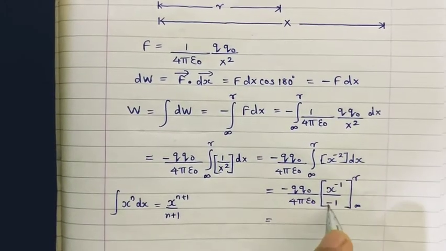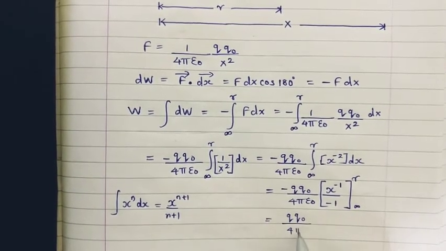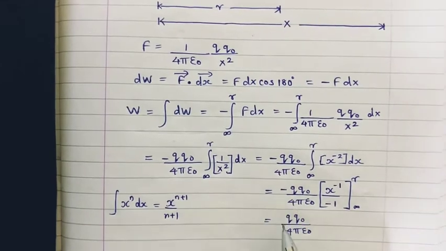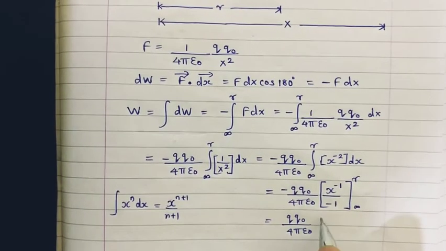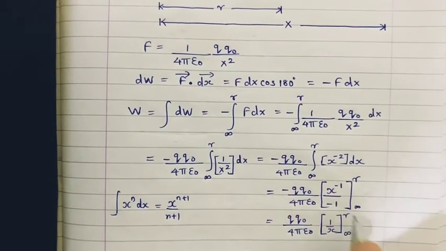This minus and minus will become plus. So q into q naught upon 4 pi epsilon naught, this minus became plus. x raised to minus 1 can be written as 1 upon x, from infinity to r.